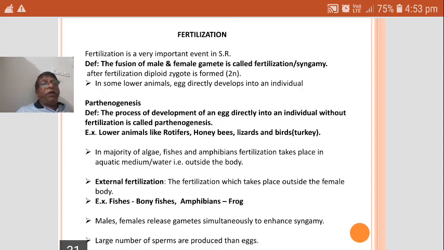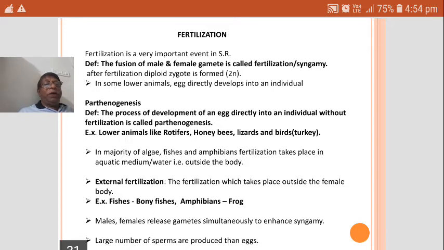Example, fishes, bony fish, amphibians, frog. Fish, frog lays the eggs on water, the female. Then the male comes and deposits the sperms on the eggs. Fertilization takes place outside the female body, that is, under water.